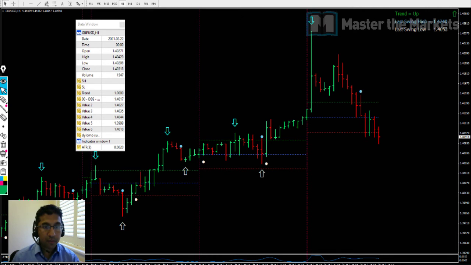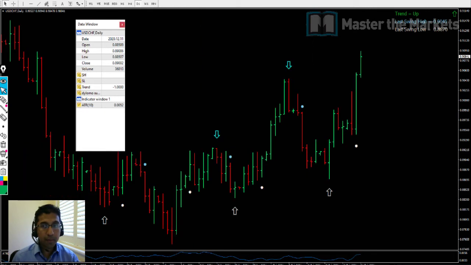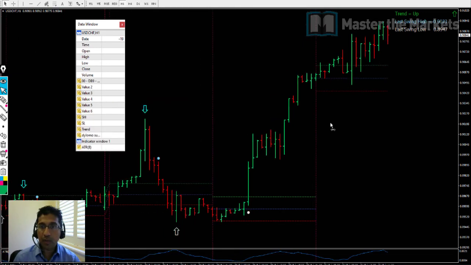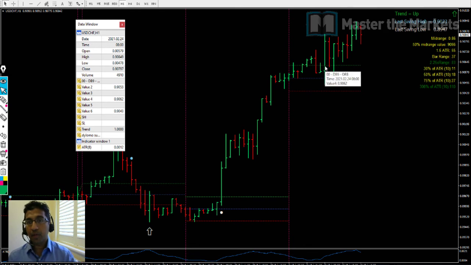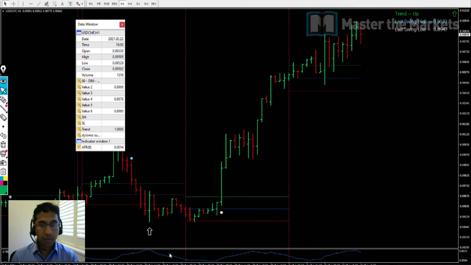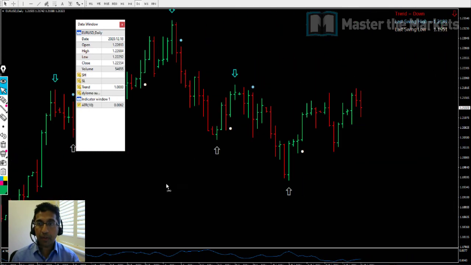In terms of looking at opportunities as of now, this is a bottom to top move over here. Again, we can do the same thing over here. As it took out the green line here, we could have looked to get in the move. This would have been a bit more profitable today, as well as cable. You would have gone into it and made your profit even before it stopped you out.